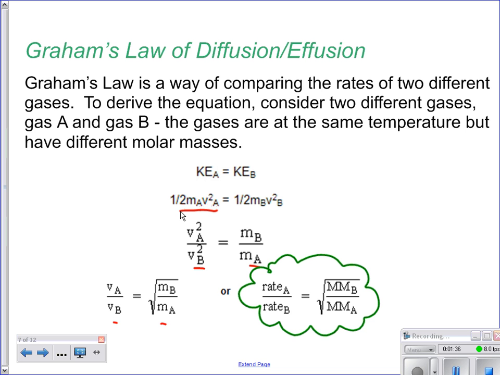So remember, when we're talking about masses for these gases, we're talking about molar masses, which you would find on your periodic table. And the important thing to remember here, and I'm going to bring this up again, is that if this is the rate of gas A, then our molar mass for gas A is in the denominator. If you've got it in the numerator on one, it's going to be in the denominator on the other. So you've got kind of a crisscross effect going on. That's going to be the important thing we see.